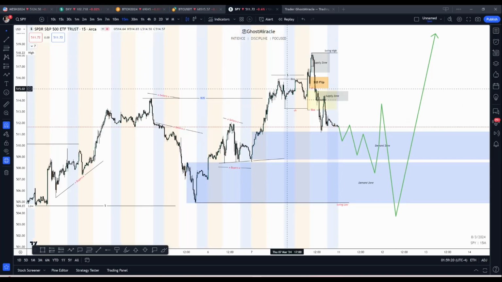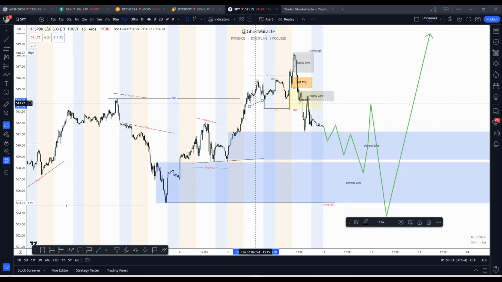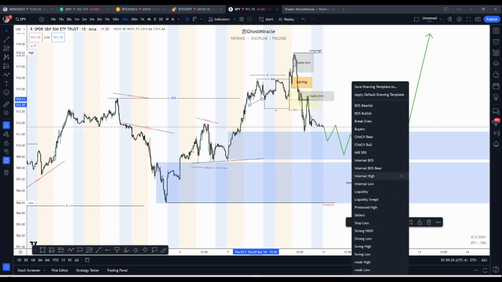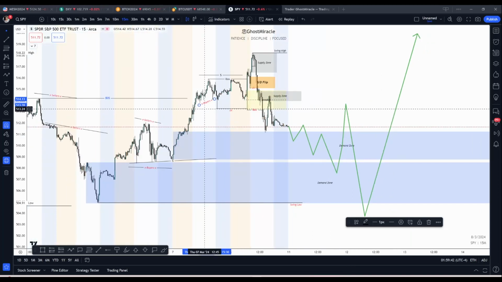right? And then price goes up. So taking out sellers and then more buyers come in right here, right? More buyers came in to push price higher, because people love buying at the high, right?